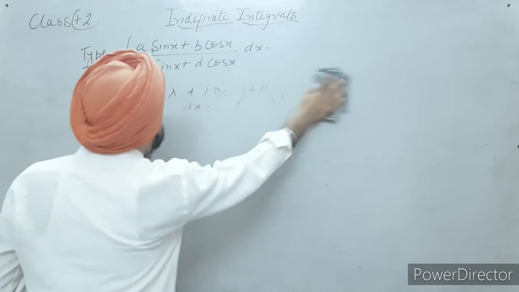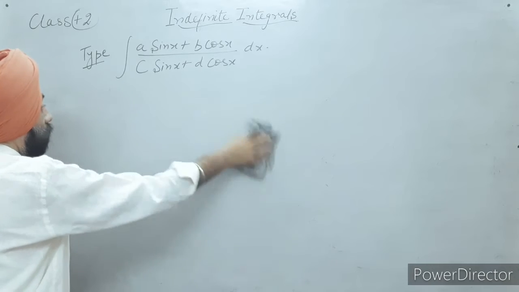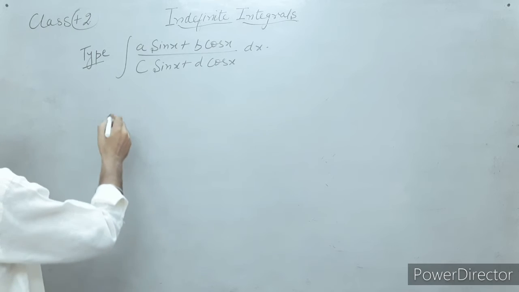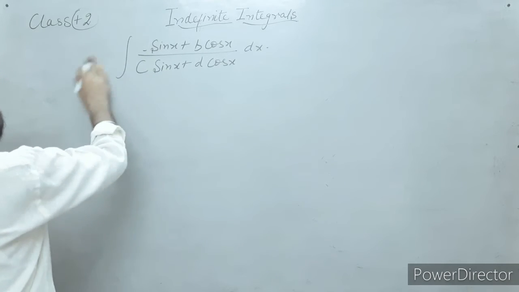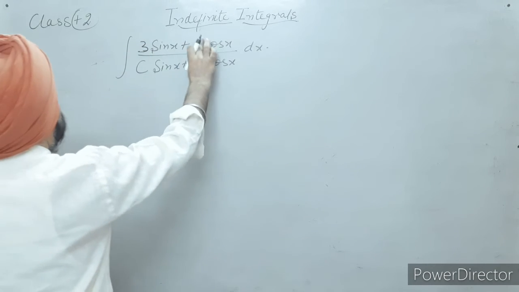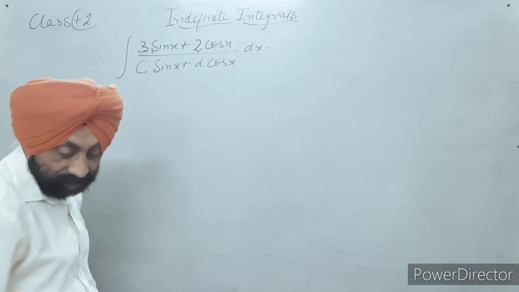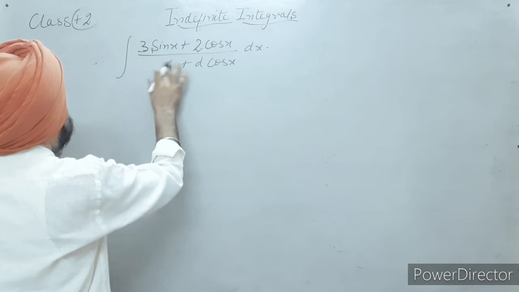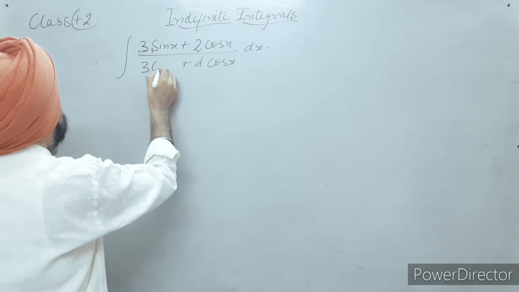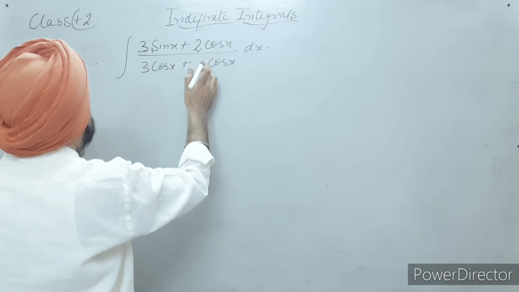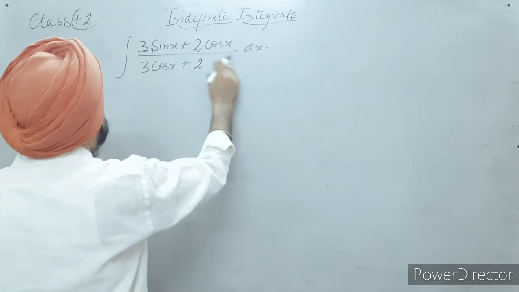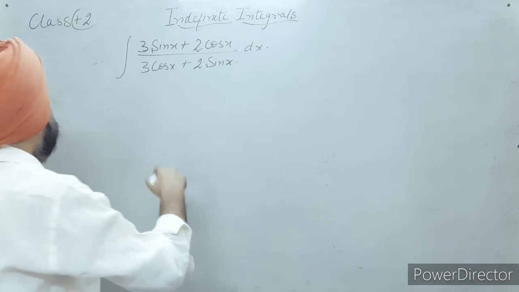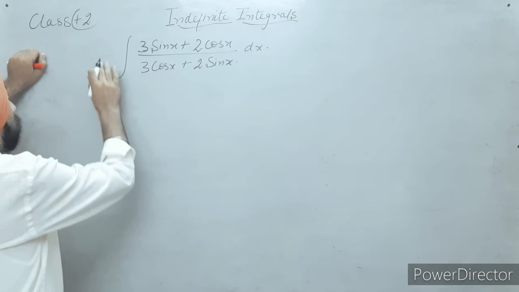Now the question is 3 sin x plus 2 cos x upon 3 cos x plus 2 sin x. Let us start with the same method which I have discussed.